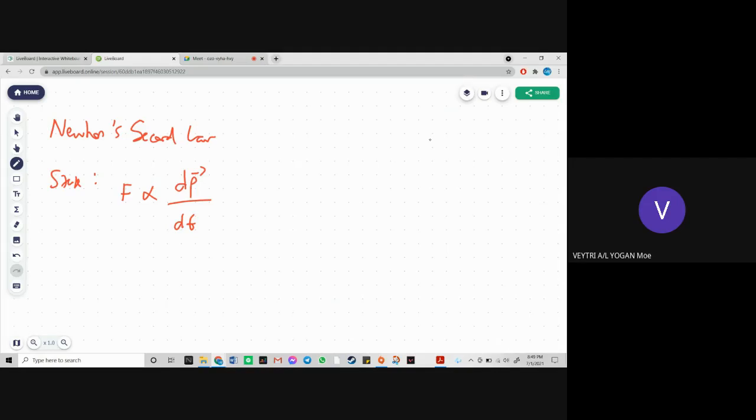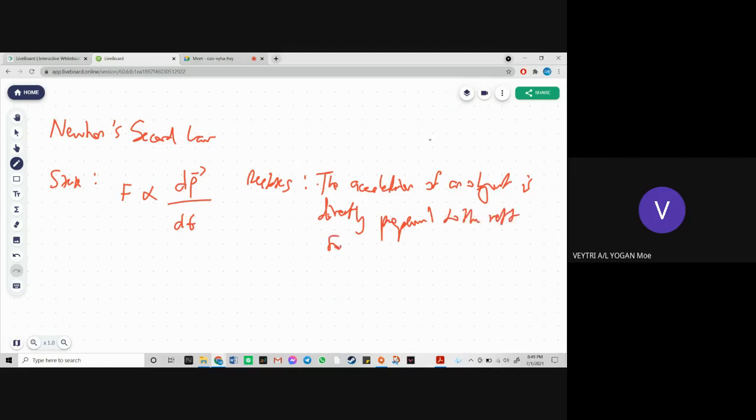But the important part that we are going to learn in our syllabus is that Newton's second law of motion restates that the acceleration of an object is directly proportional to the net force acting on it and inversely proportional to its mass.